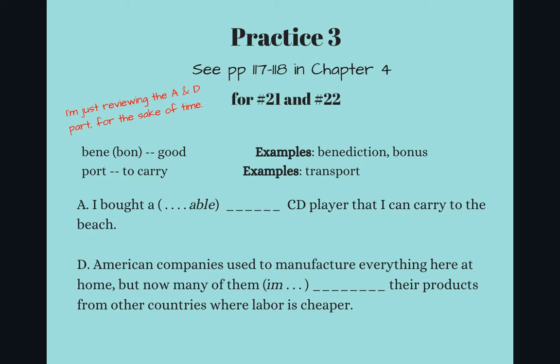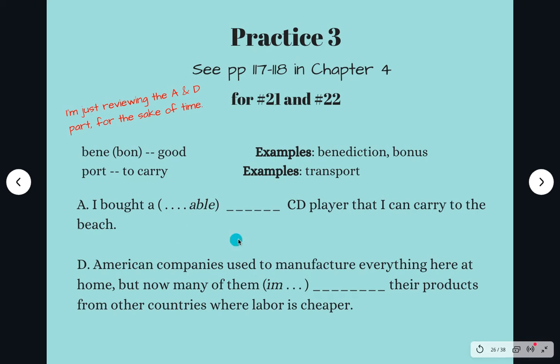A is I bought a something-able CD player that I can carry to the beach. Well, you have to decide, should it be this or should it be that? Well, I think I would choose portable, a portable CD player that you can carry, and they give you that hint.